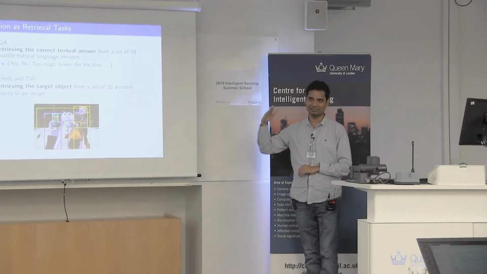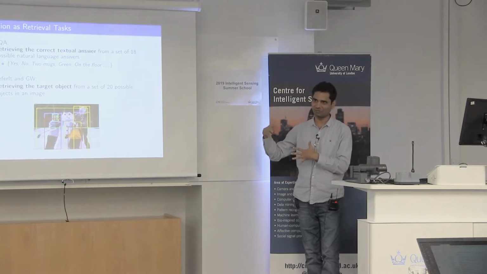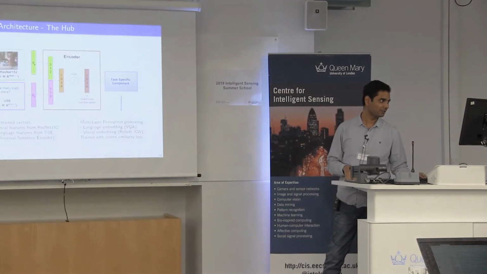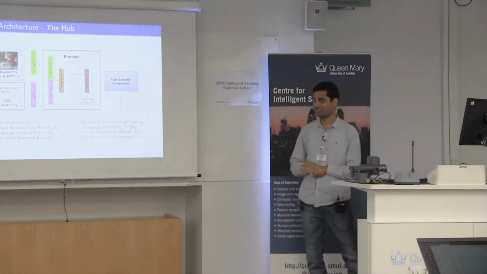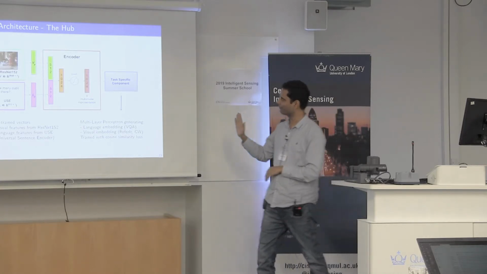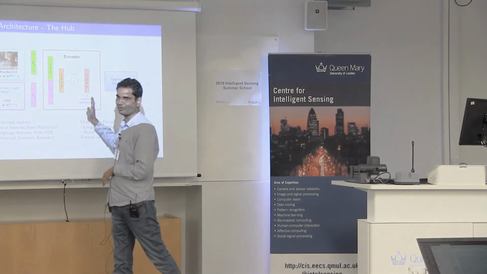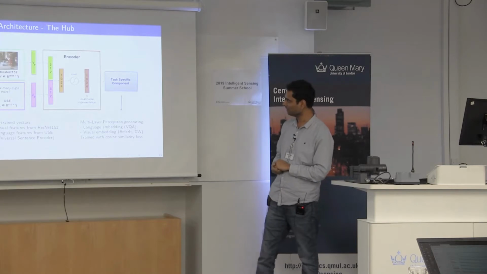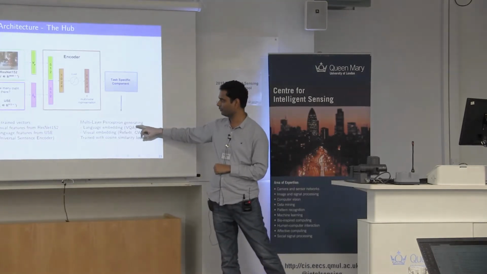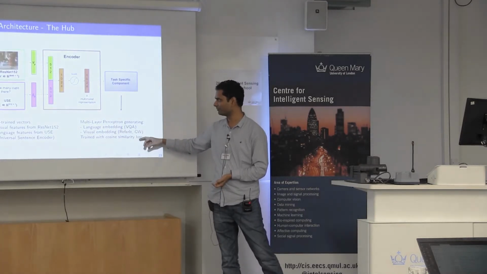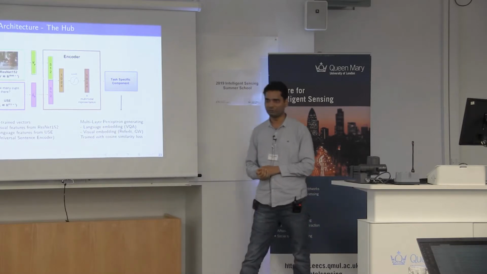So in that way, at least these tasks are somehow comparable with each other. Then also comes the architecture. Again, it's a similar architecture, but the simplest one possible. Everything up to here is the same for all the models, and only the task-specific component is changed. In the case of VQA, it has to get the language embedding, and in the case of ReferIt and GuessWhat, it has to get the visual embedding.